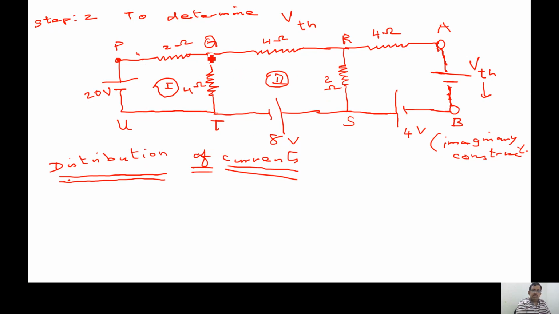So the nodes are marked like this: P, Q, R, S, T.